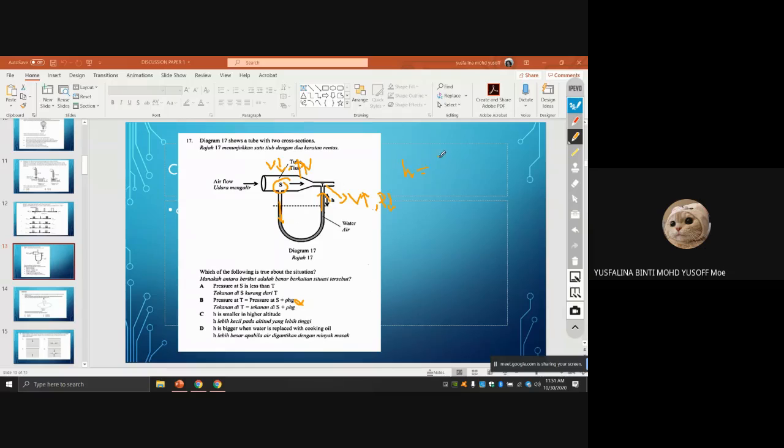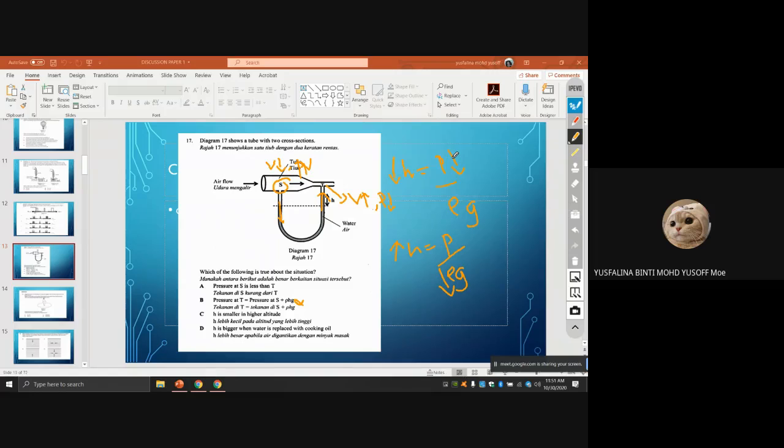H is equal to P over rho G. Higher altitude means the pressure is lower, because there is low density, so H becomes smaller.